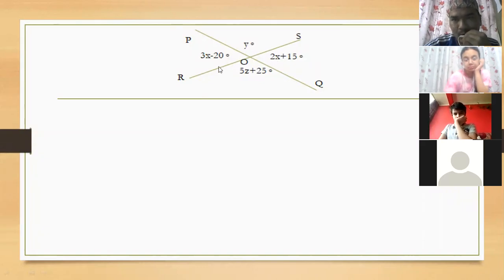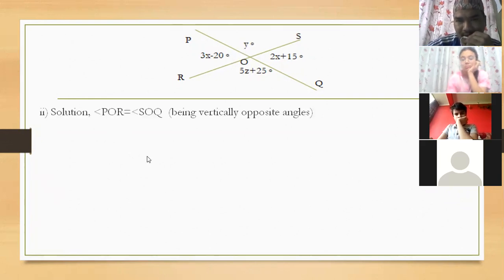Okay, Celine? We have to start from here. First step will be that. After finding the value of x, you can compare this angle with y, and this angle with z also. Before finding y and z, we have to find x first.